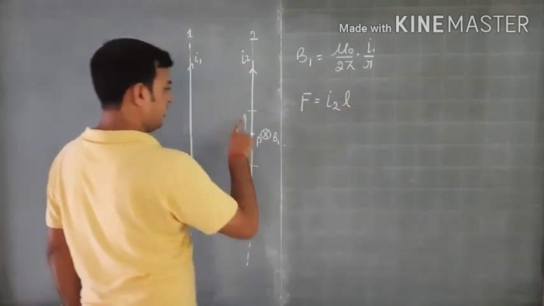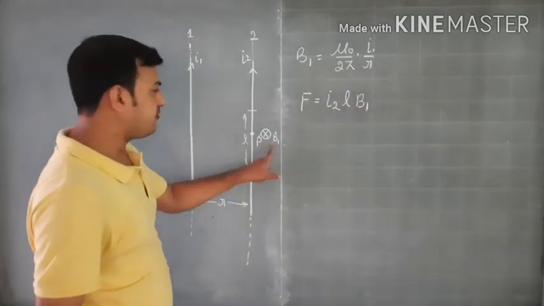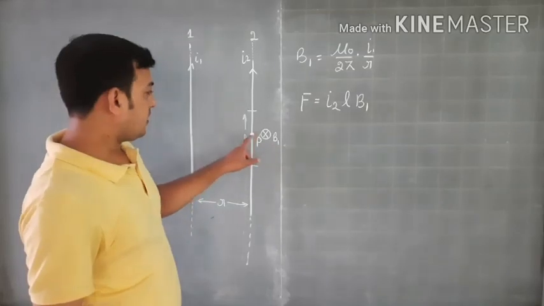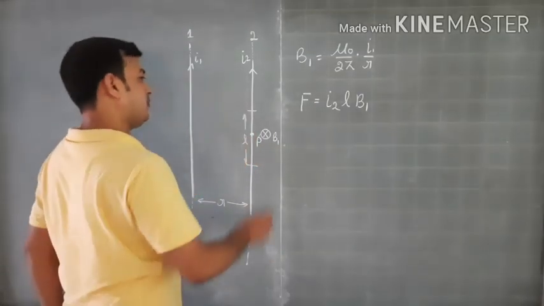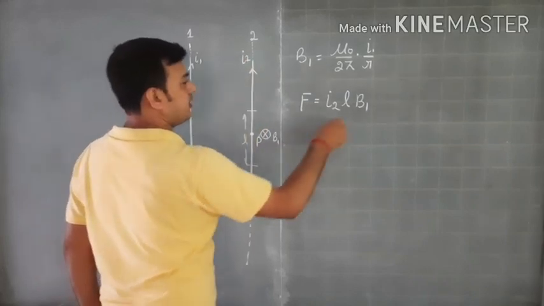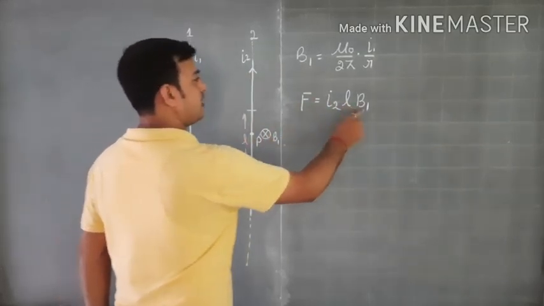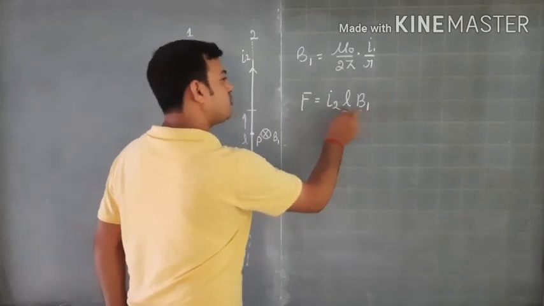L is the length of this wire, and B is the magnetic field that is present at this point, or the magnetic field in which the wire is placed.